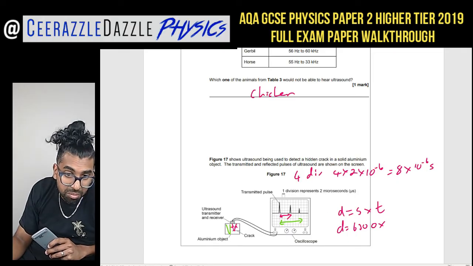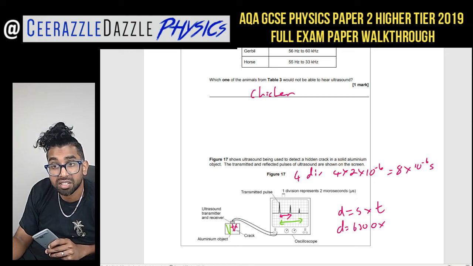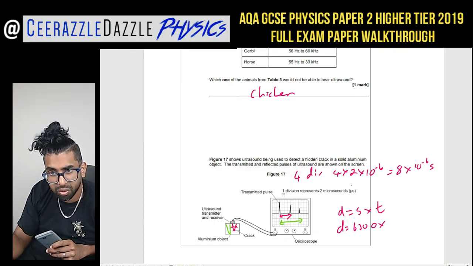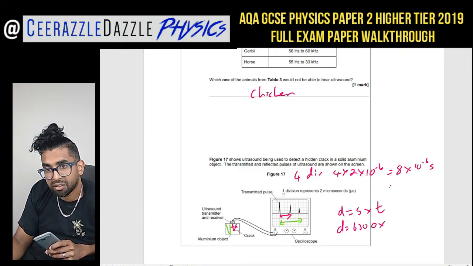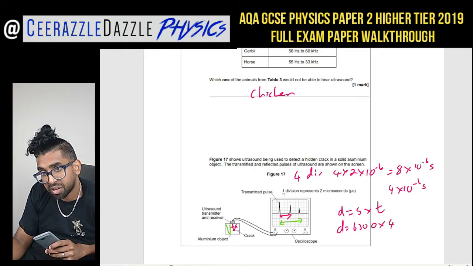If I want the time taken just to the crack, don't forget that's the total time, I need half of that. So divide that by 2, so the actual time taken to go to the crack is 4 times 10 to the minus 6. That's the time taken just to go down to the crack over here.